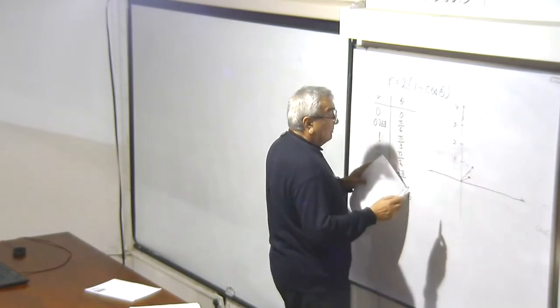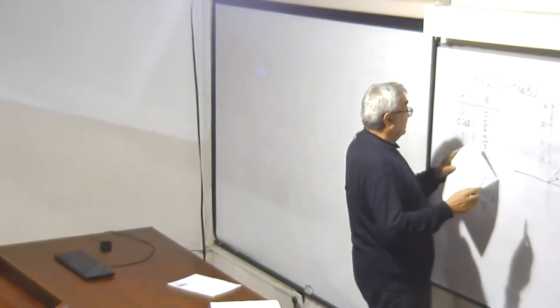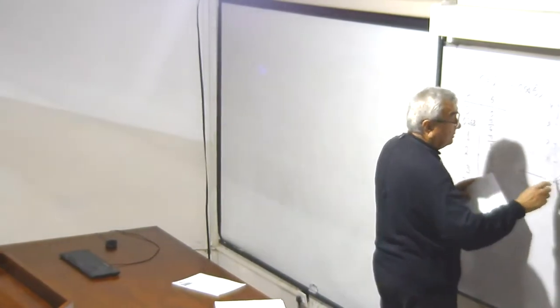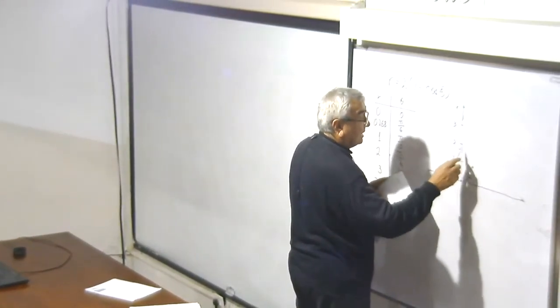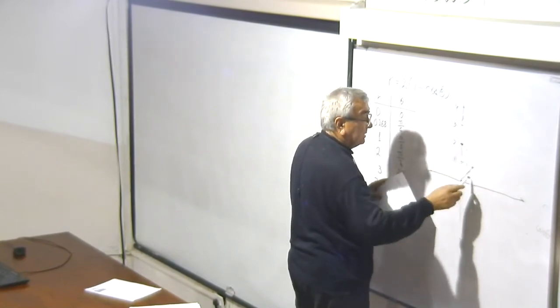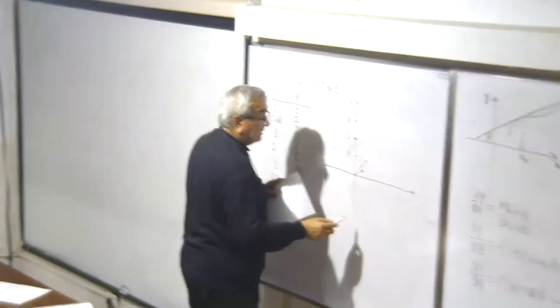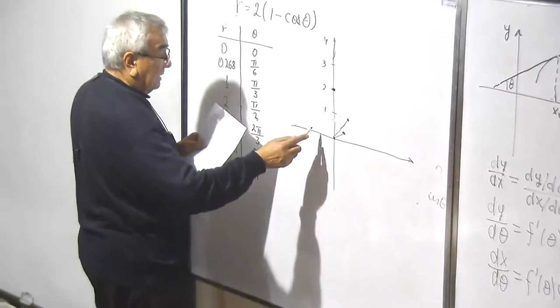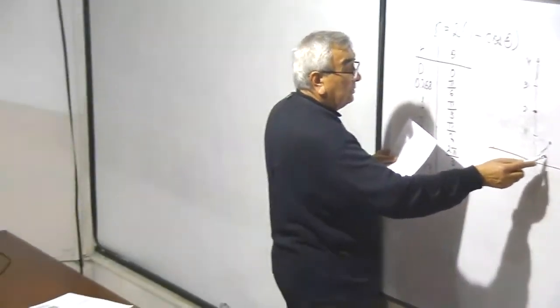Then pi by 2 will be 2. That means here, this angle. You see, this angle. And then it continues to increase.